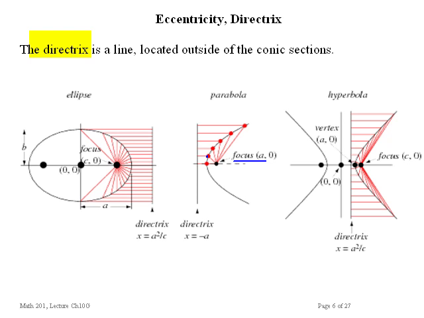And that was the defining quality of a parabola. All of the conic sections also have a directrix, although it's not talked about a lot until you try to develop these polar equations.